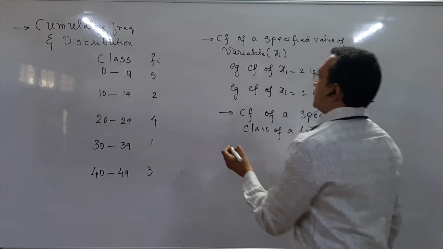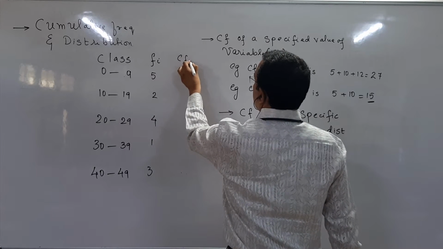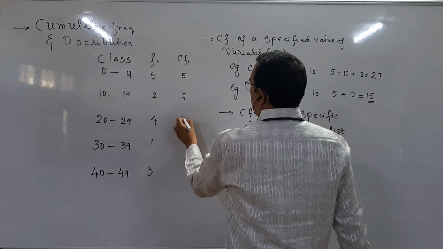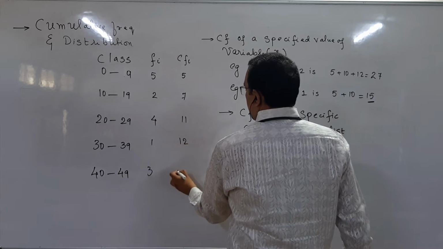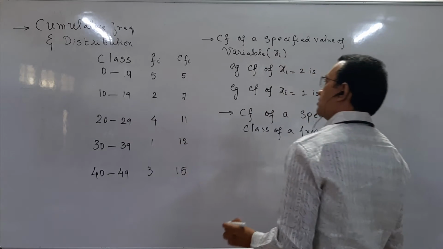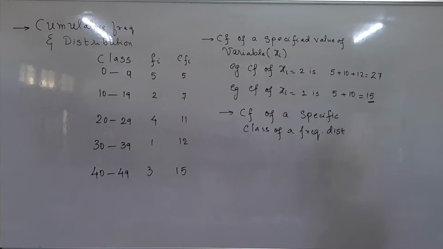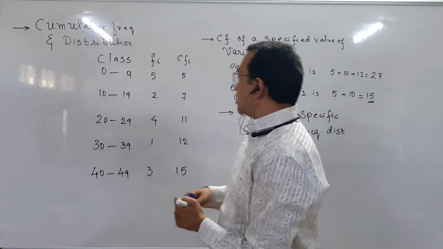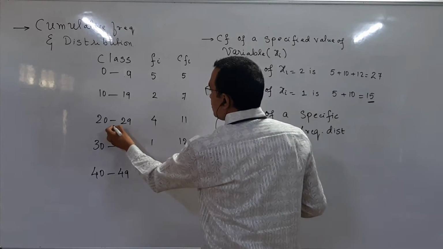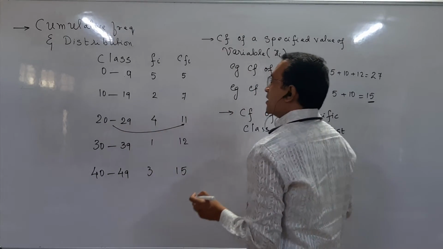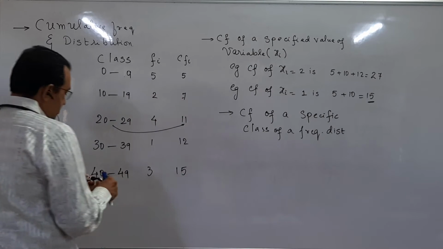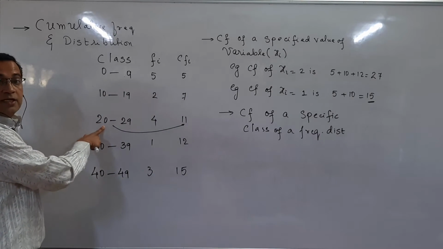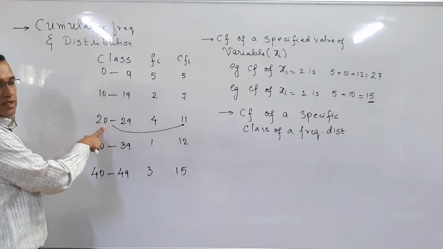Now I am finding the cumulative frequency: 5 plus 2, 7, 7 plus 4, 11, plus 1, 12, plus 3, 15. Now, what is the cumulative frequency of class 20 to 29? 11. It is the sum of frequencies of all the classes preceding that class and up to that class.